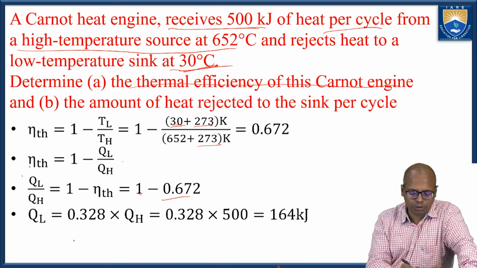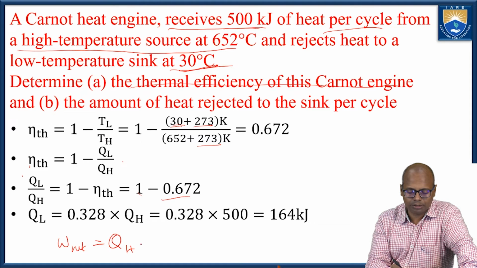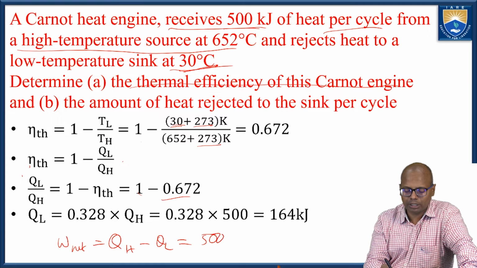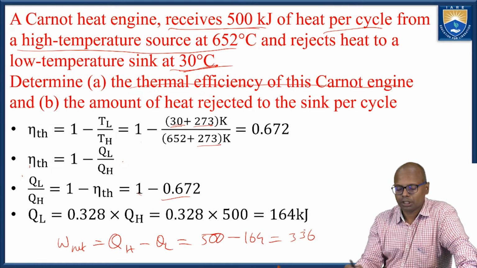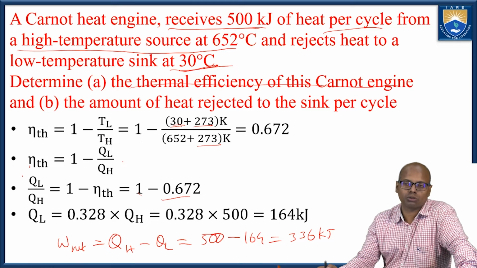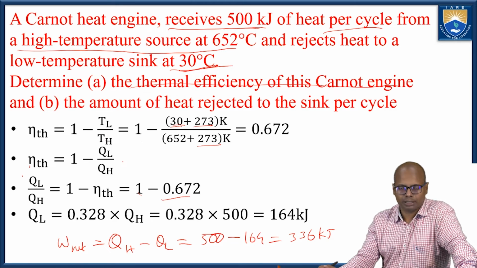The net work output, as we already know, is given by QH minus QL, which is 500 minus 164, and this is equal to 336 kilojoules per cycle.